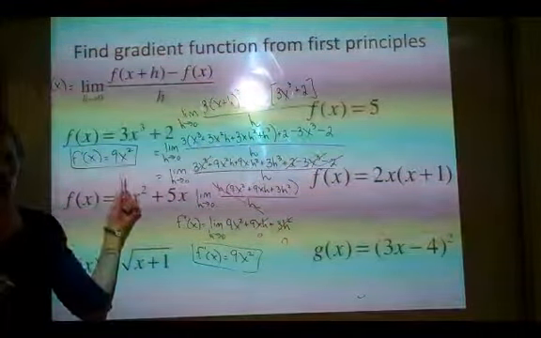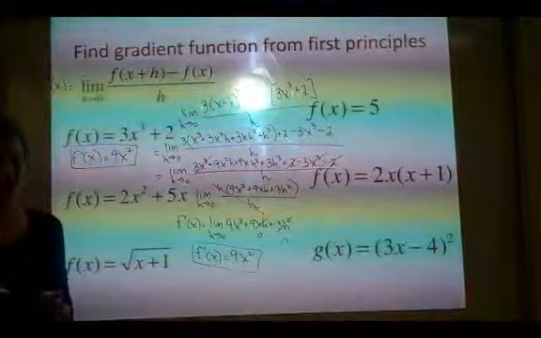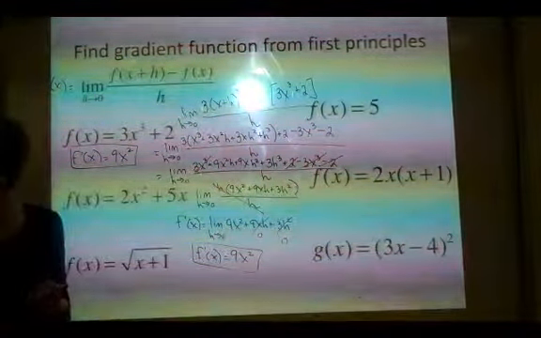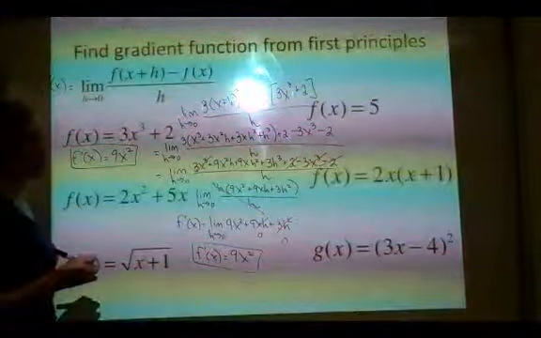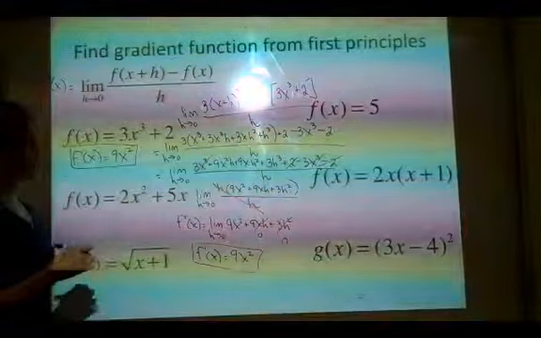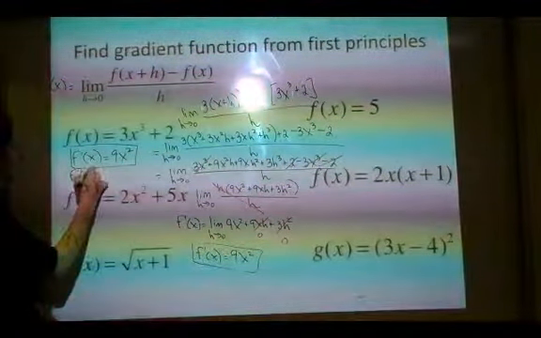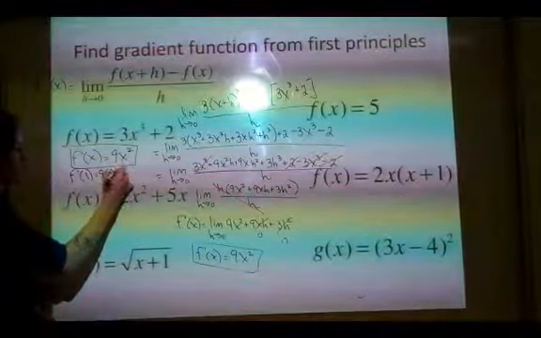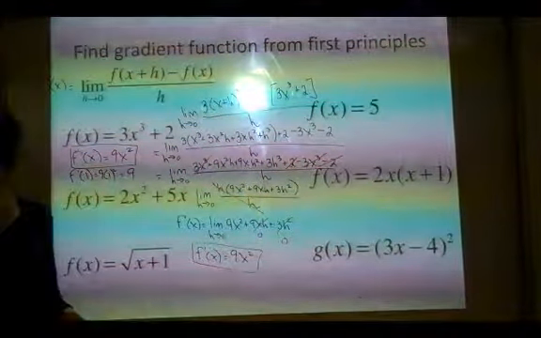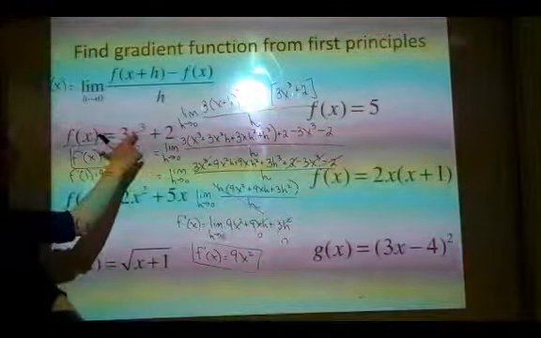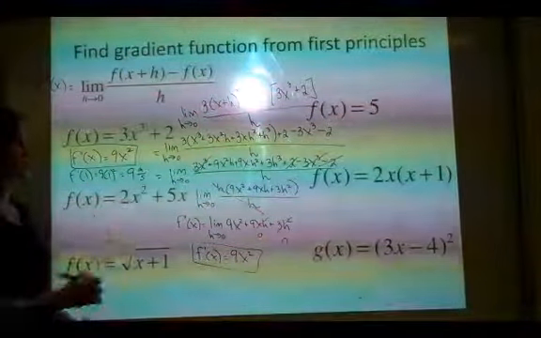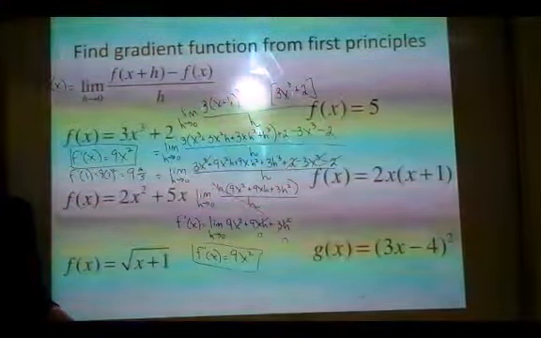Cubic, quadratic. If I wanted to know the slope at x equals 1, it would be 9. So if this was distance, this would be the rate of change in meters per second at that time.